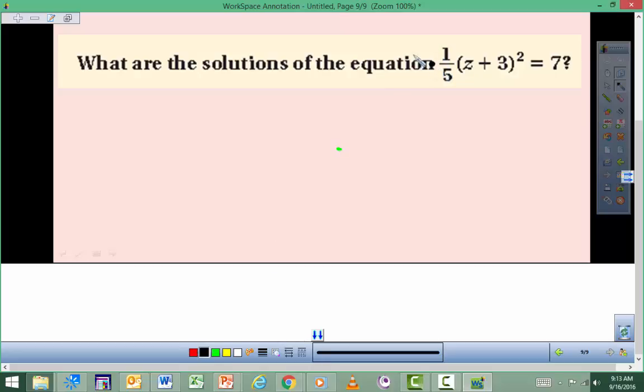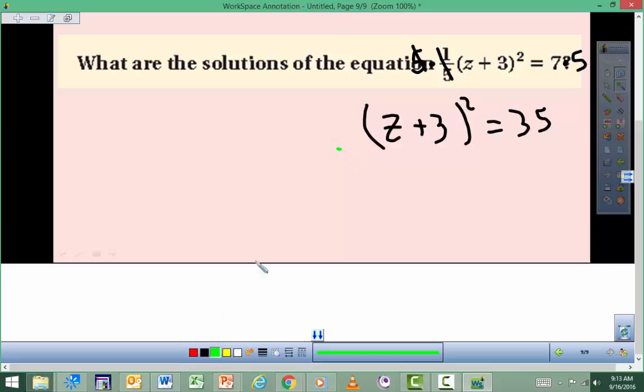If we multiply this side by 5, multiply this side by 5, then that gets rid of the 1/5. And so now what we have is z plus 3 squared is equal to 35. Okay? And so now we can use the square root method. Remember, that's a square up there. So the inverse operation of a square is its square root.